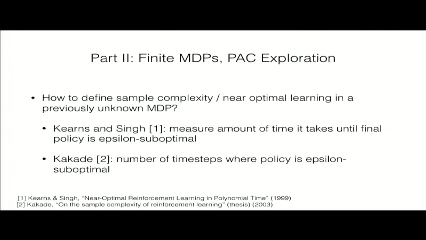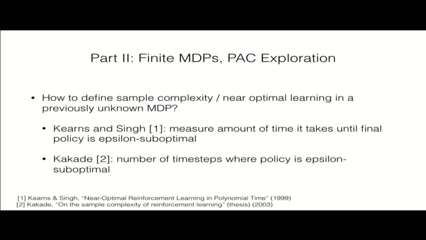So a formulation by Kakade is that you look at how many time steps the policy takes an epsilon suboptimal action. The policy starts off taking random actions which are suboptimal everywhere, but over time it gets more and more optimal.